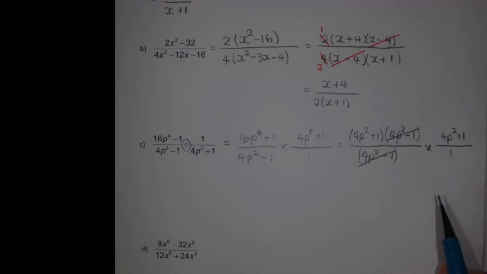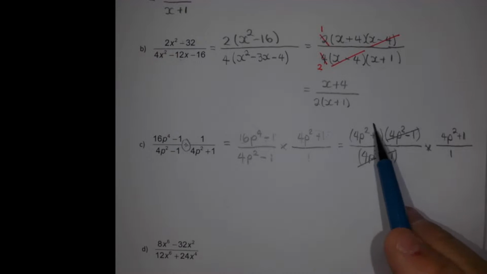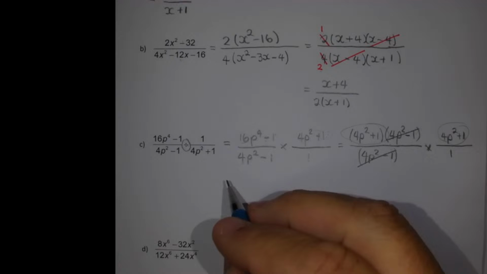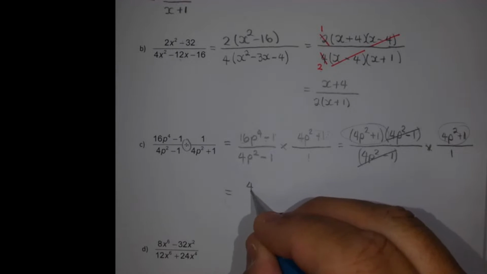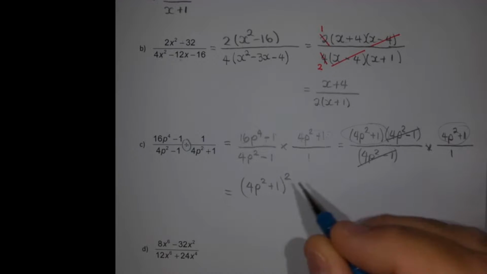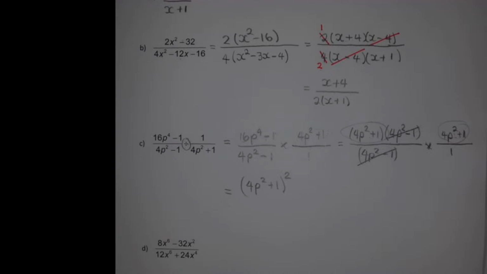Now I've been able to simplify all the equal factors, and all I've got left in the numerator is 4p squared plus 1 times 4p squared plus 1. I could write that as 4p squared plus 1, all to the power of 2, because I'm multiplying the same factor twice, over 1, or simply leave it like that, because the denominator 1 doesn't really make a difference.